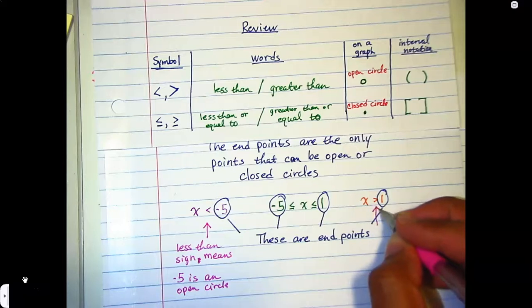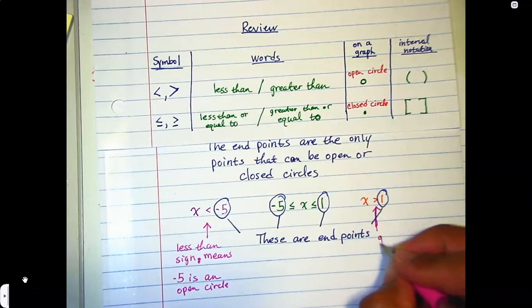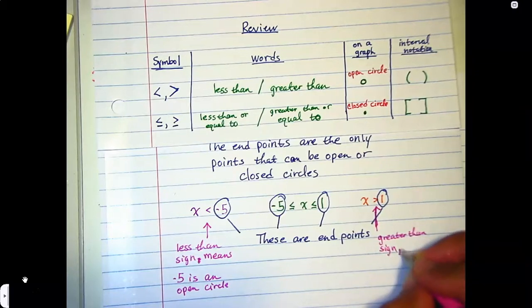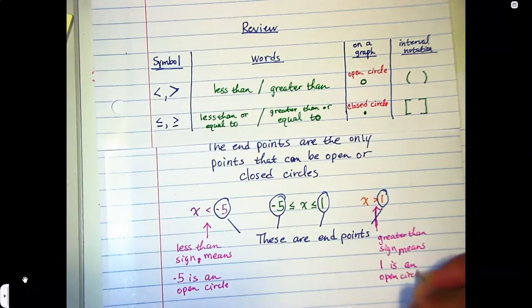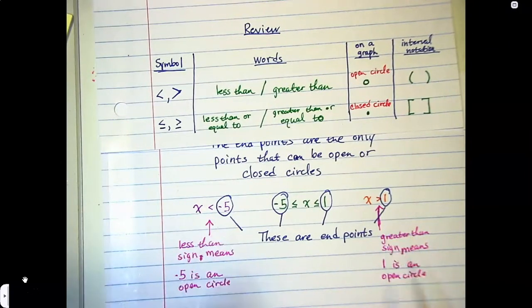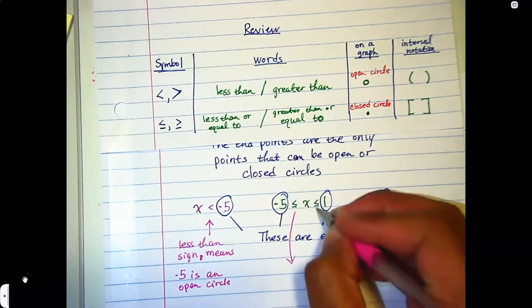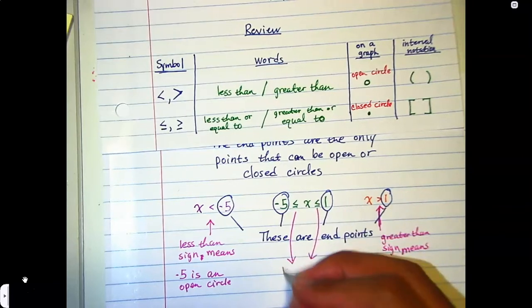When it comes to 1 on the third table, that's a greater than sign, and the greater than sign means 1 is an open circle. So a less than sign and a greater than sign mean open circles on those numbers. These other two are less than or equal to signs.